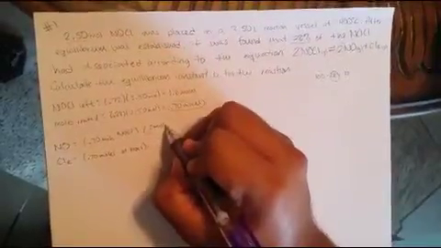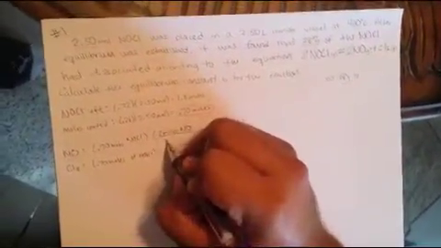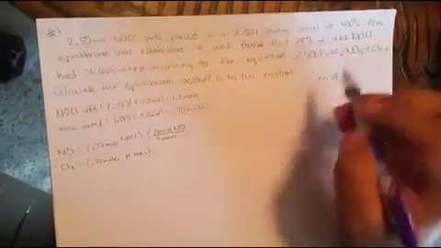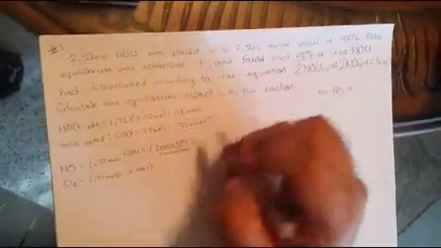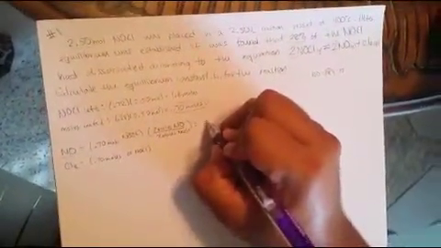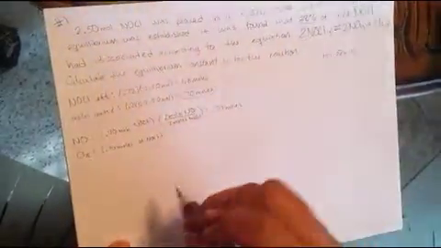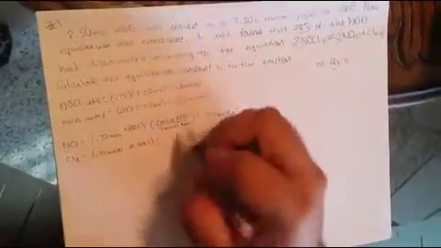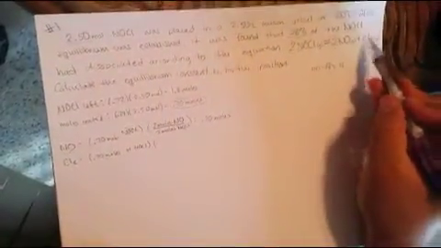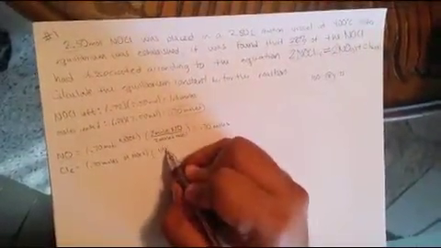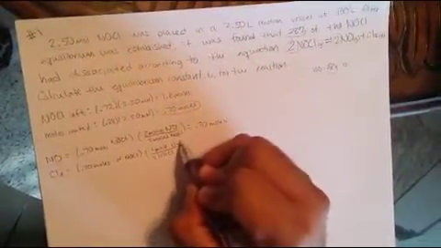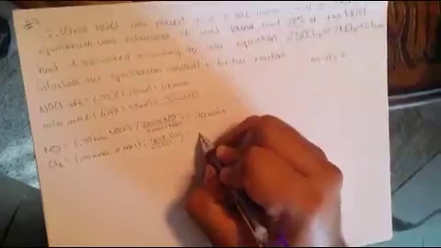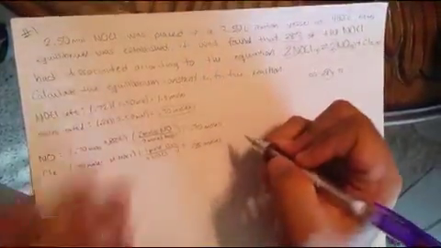So 2 moles NO over 2 moles, again 2 moles over here of NOCl. To cancel out the NOCl, we get 0.70 moles once again. Do the same thing over here for the Cl2. Right here you only have 1 mole, so we have 1 mole of Cl2 over the 2 moles of your reactants, which is NOCl. This would give us a total of 0.35 moles.